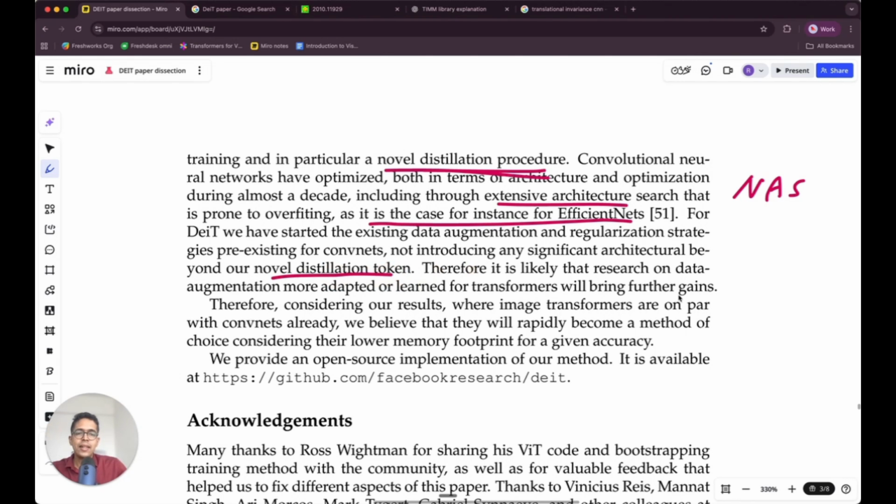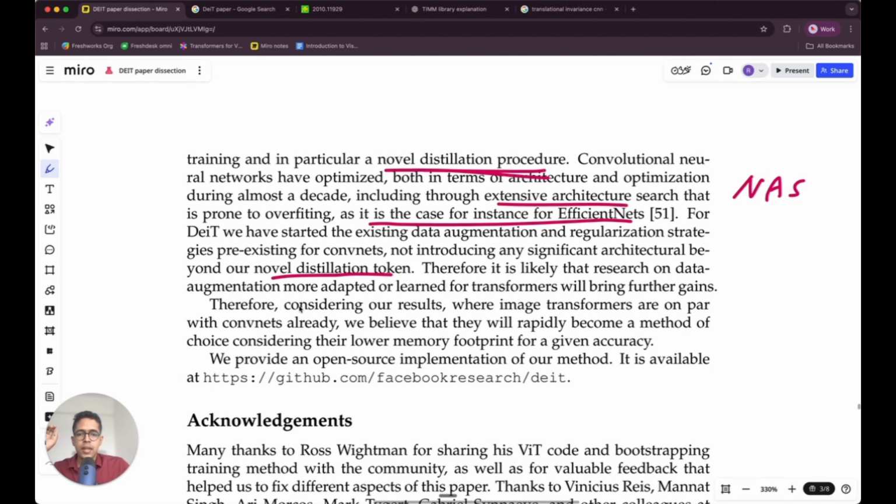Therefore, it is likely that research on data augmentation, more adapted or learned for transformers, will bring further gains. So the data augmentation or any other adaptations they are currently using are already there for CNNs. But if there are data augmentations that are better for transformers, such changes can make their model even better.